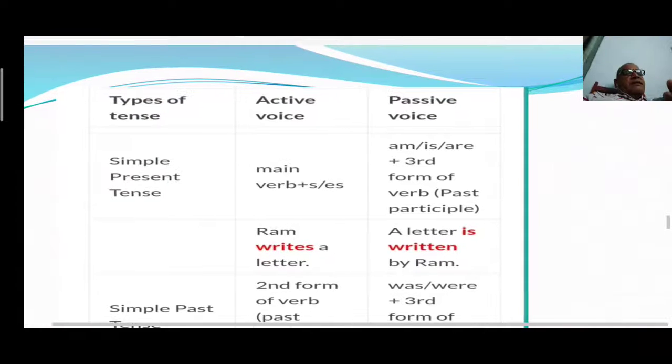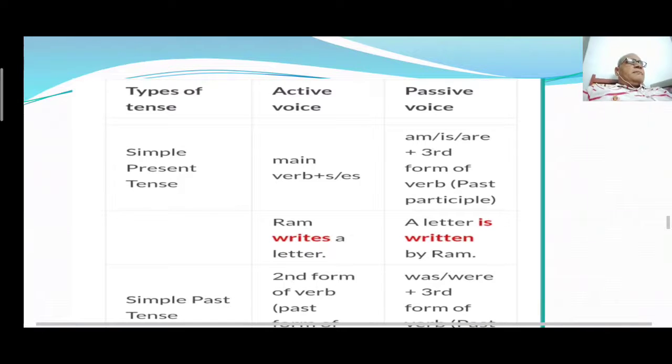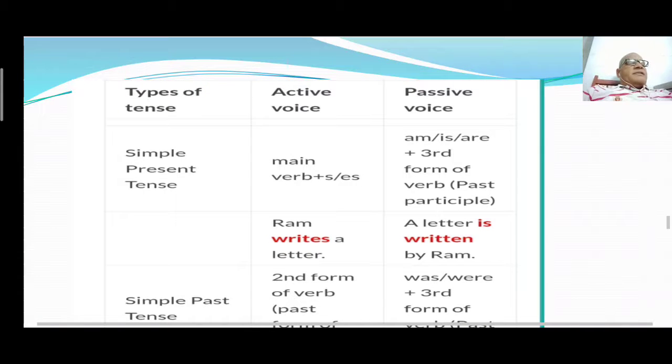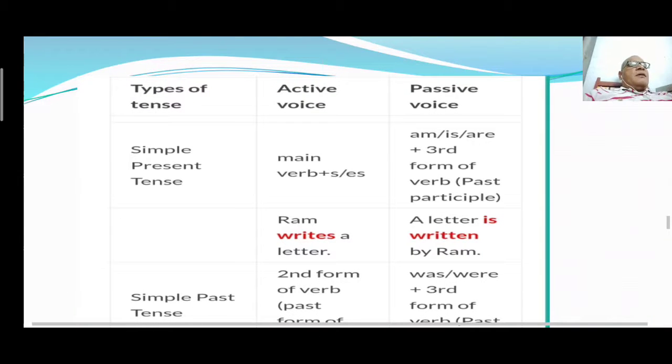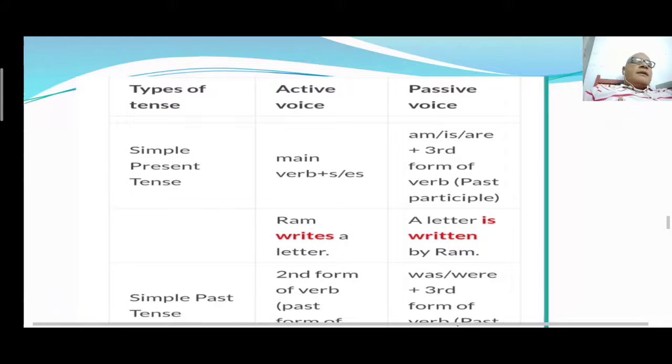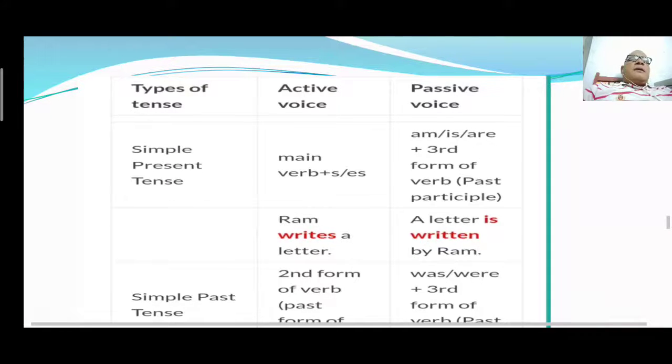See, the example is Rama writes a letter, the positive form. The negative form of it is Rama does not write a letter. So here the pattern is a letter does not written by Rama.